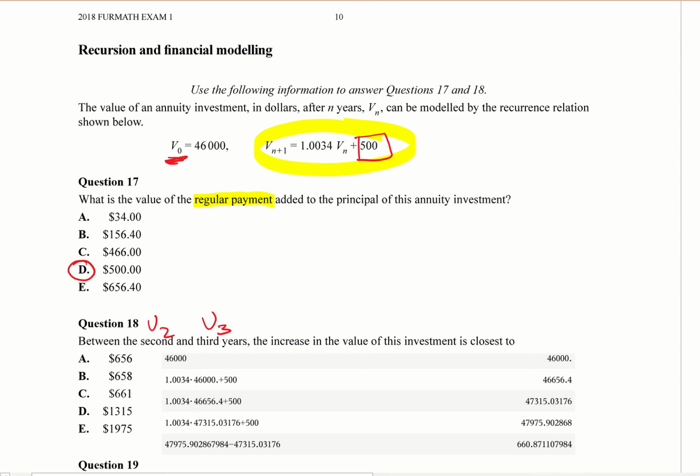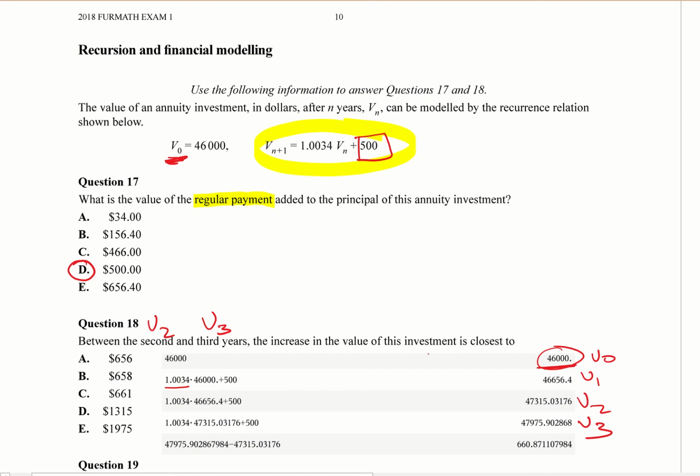Now you just go times 1.034 plus 500. It keeps that previous answer, so that's where that 46,000 comes from. I just need to press that a couple of times. So basically V0, V1, V2, V3.